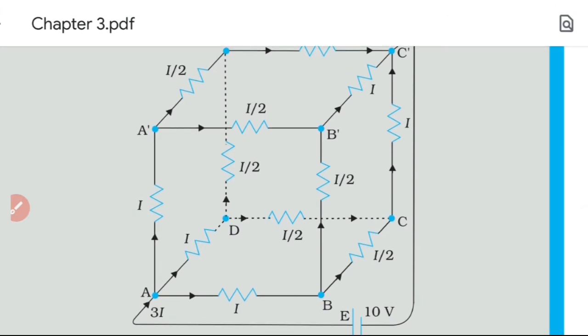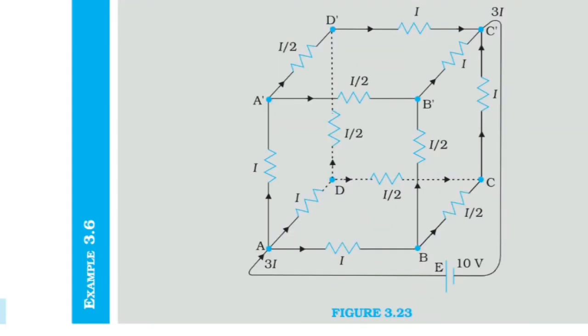So we can directly find the effective resistance, because we consider the circuit to be reduced to a simple circuit. Suppose we replace the whole cube with an effective resistance R equivalent. Now in this diagram we will choose a loop.